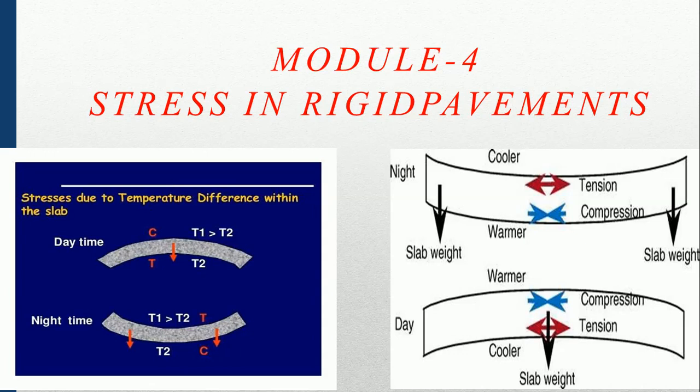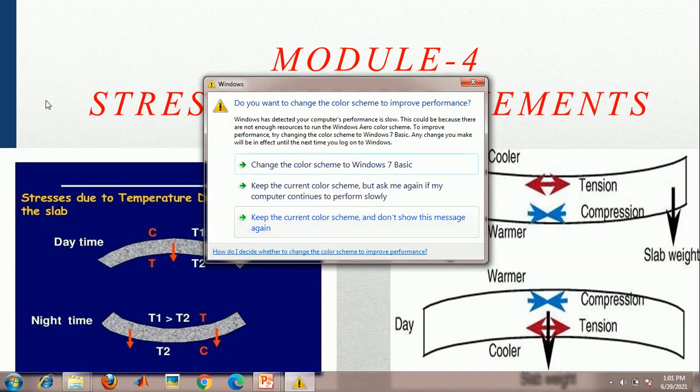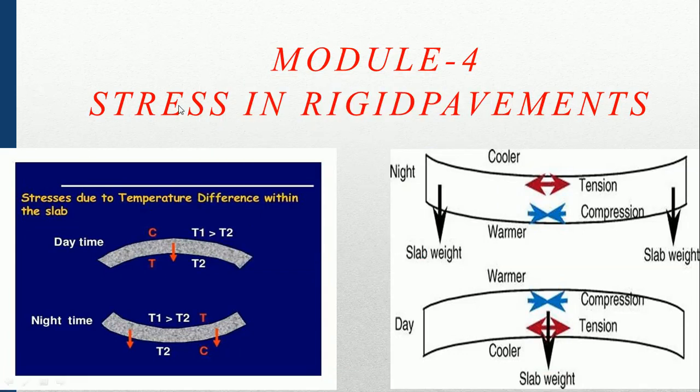So in the fourth module, let us move to the stresses in the rigid pavement, and that is the first part of the fourth module, and the second part is the design of the rigid pavement by different methods. Under the fourth module, stresses in the rigid pavement, we need to find out the types of stresses and the analysis of stresses, that is Westergaard's analysis, the modified Westergaard's equation, critical stresses, wheel load stress, the different types of stresses developed in the rigid pavement.